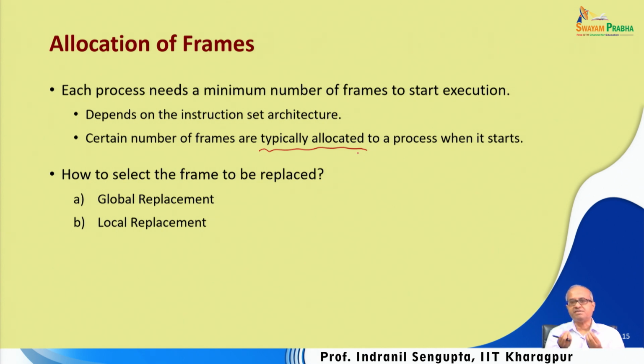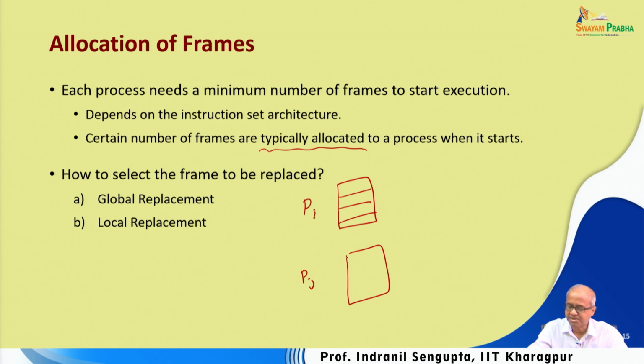Now, the question is, how do you select the frame to be replaced? There can be multiple processes running, let us say Pi and another process Pj. Pi may be allocated a certain number of page frames in memory, and Pj may also be allocated a certain number of page frames.